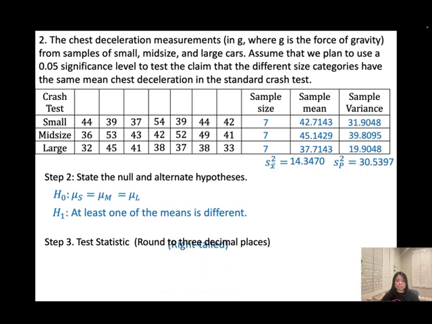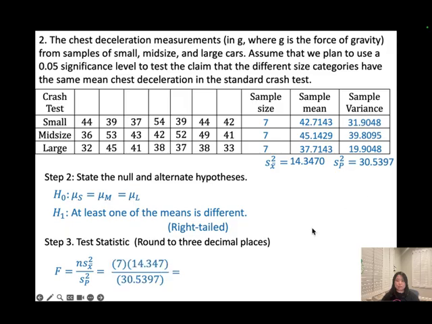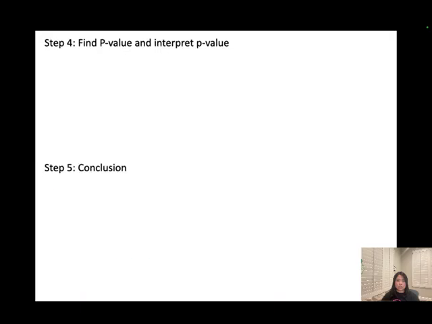Test statistic: using the formula, n times the variance of the sample mean divided by the mean of the sample variance. You should get 3.288.